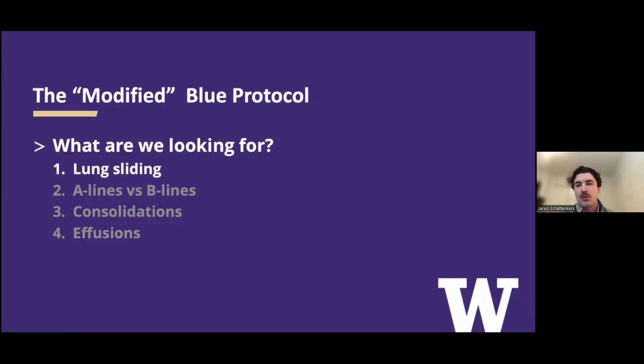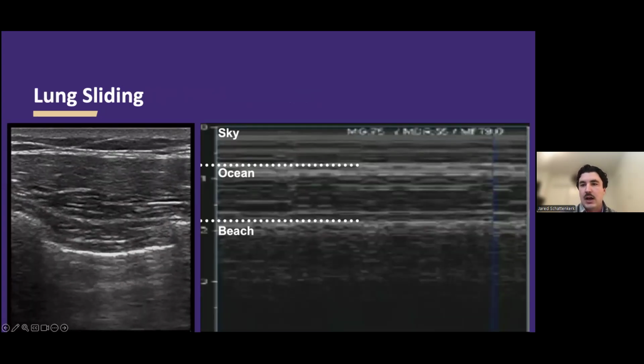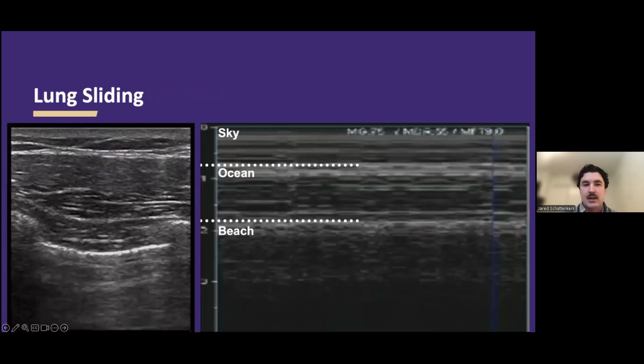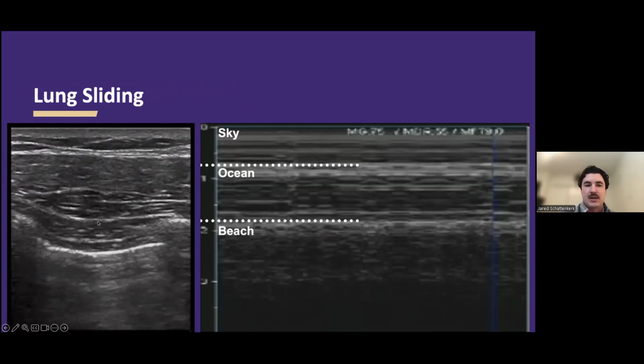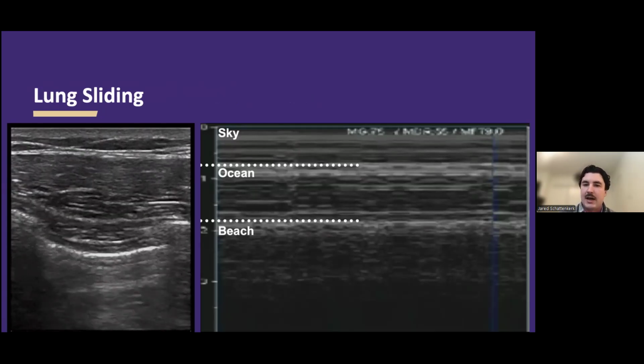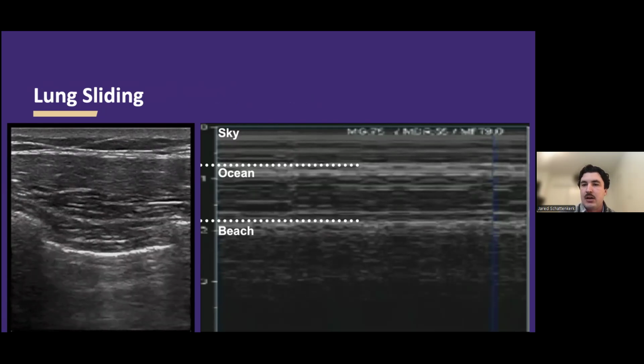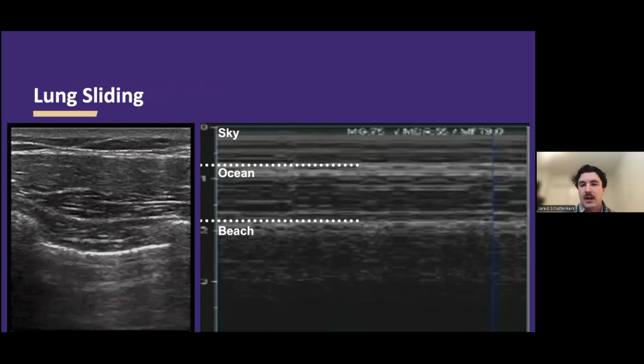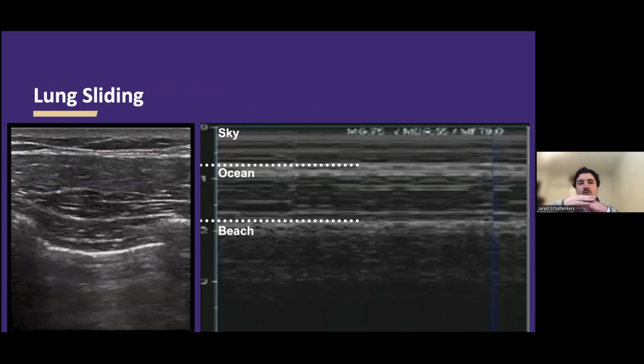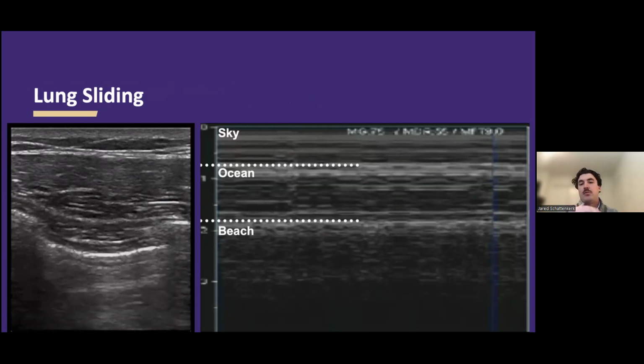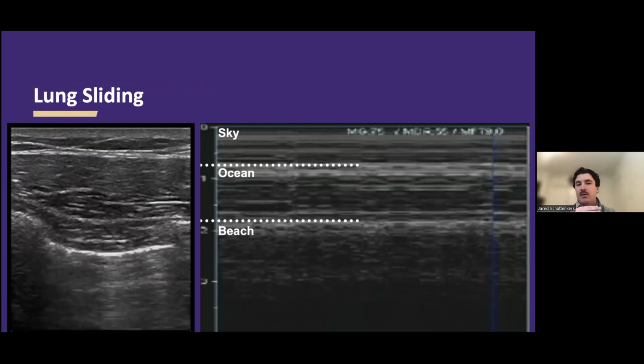So the first thing we're going to look for is lung sliding. We are specifically looking at this pleural lining here, this bright hyperechoic structure. And lung sliding is a normal finding. You can think of the two layers, the visceral and parietal pleura, abutting one another.